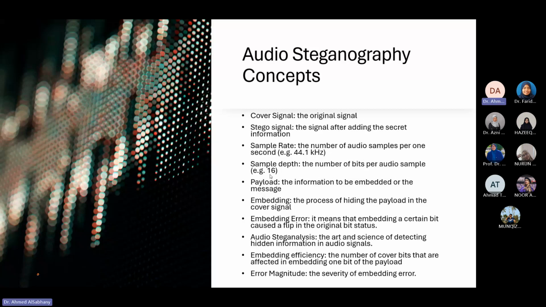So for example, when we see a sample rate equal to 44.1 kHz, which is the CD quality, we know that there are 44,100 samples per second. That represents one second.